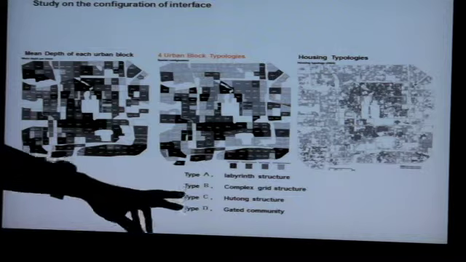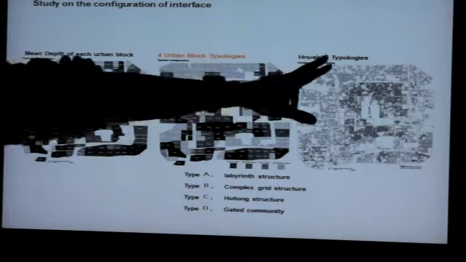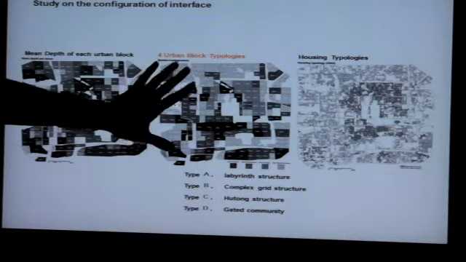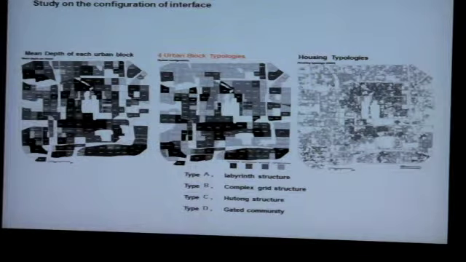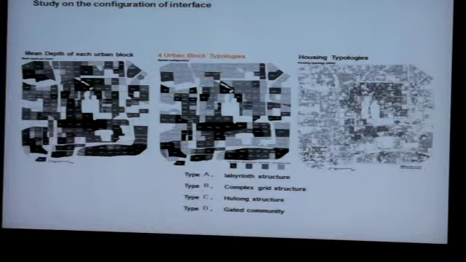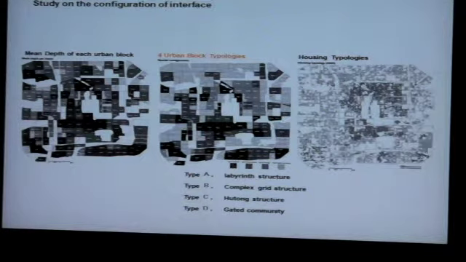And first, based on the mean depth of the urban block and the actual urban housing typologies, I divided these 200 neighborhoods into four typologies. The first one is the labyrinth structure. It's a very complex internal structure. And the second is a little bit clearer, a little bit easier than the previous one. It's more like a grid, but sometimes it's still not a very simple grid structure.